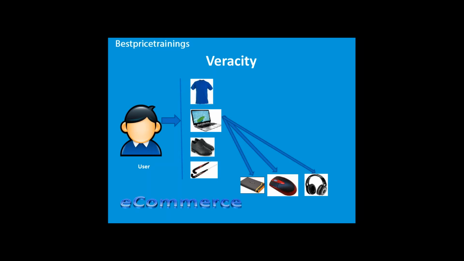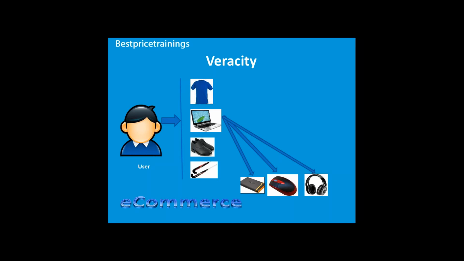These are products related to his last purchase or the one before, and he may be interested in these products as well. It's just a kind of direct advertising over there, right? So this is called veracity, to decide the business outcome based on the customer trend, right?